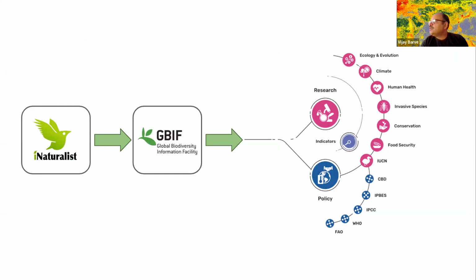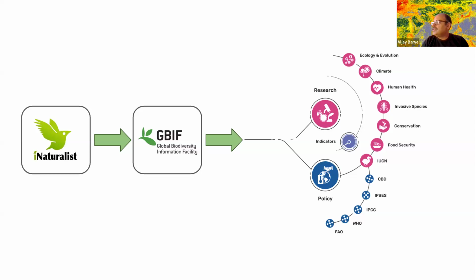So for research, you can use all these occurrences in large numbers for ecology and evolution research. There is a lot of climate change research happening using this data. Human health, invasive species, and definitely conservation, to identify gaps or identify where a species is available so that those areas can be protected. Food security as well.